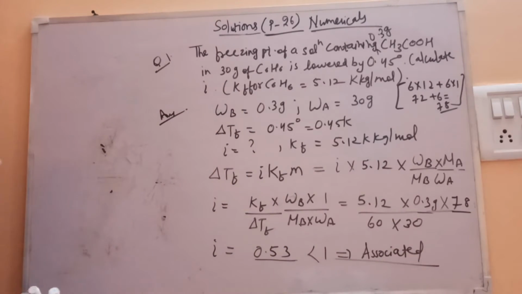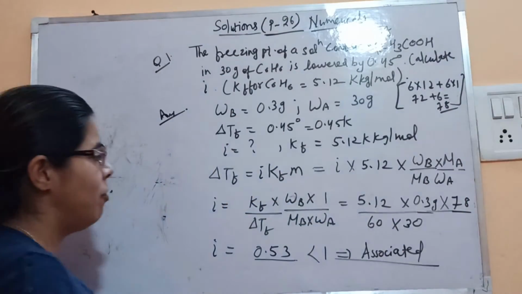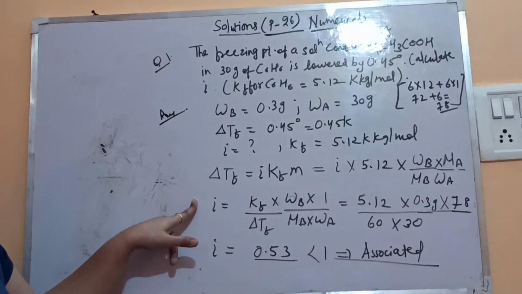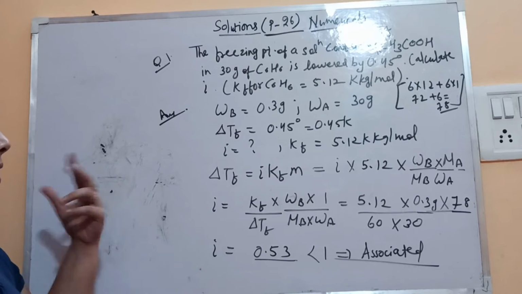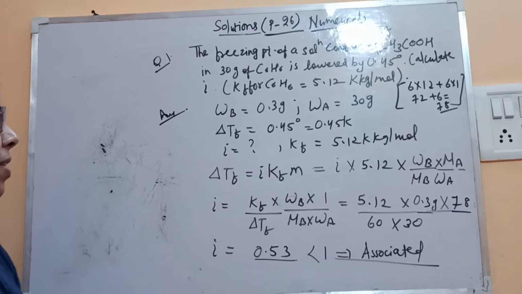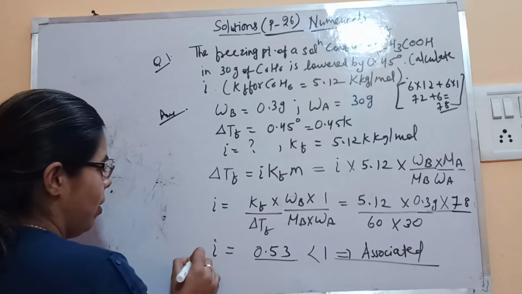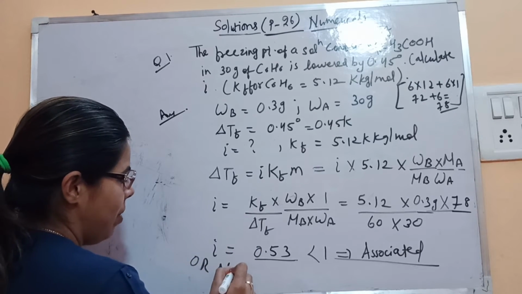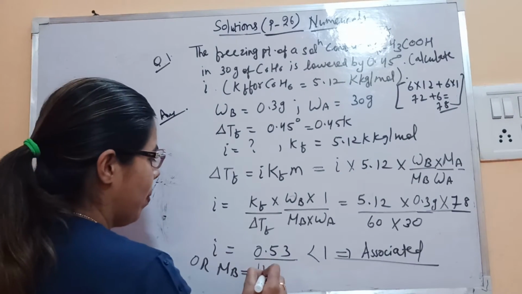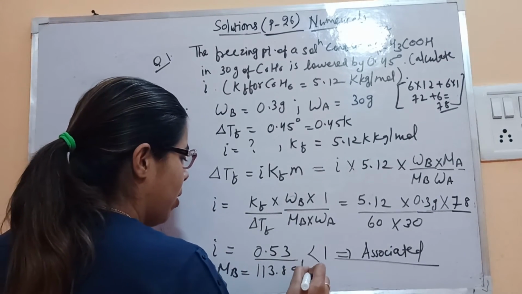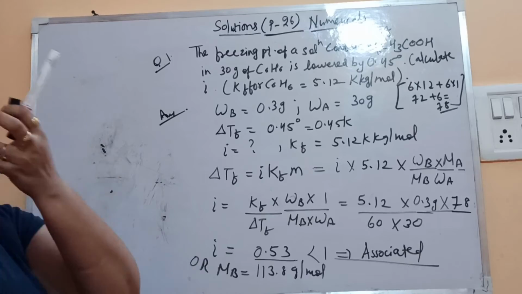So in this way you have to solve, and in another way also you can solve this numerical. First calculate Mb from here, and then you can compare, because this will be your abnormal, calculated one, with the normal one, that is 60. If we do it the alternative way, Mb comes out to be 113.8 gram per mole.